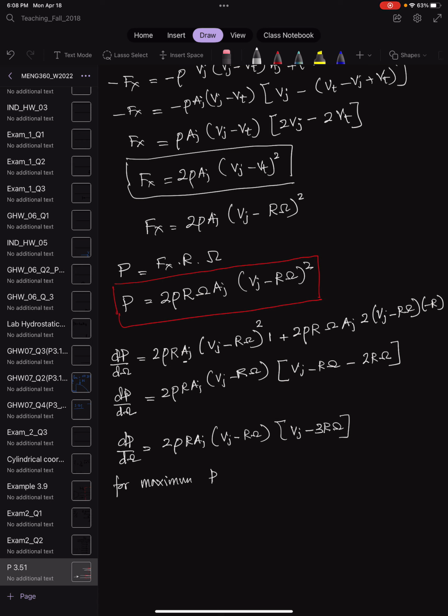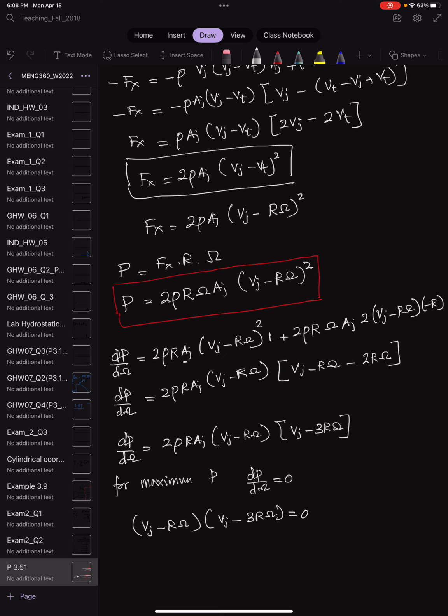you're going to get dp over d omega equal to 0. That happens when vj minus r omega times vj minus 3r omega equals 0.